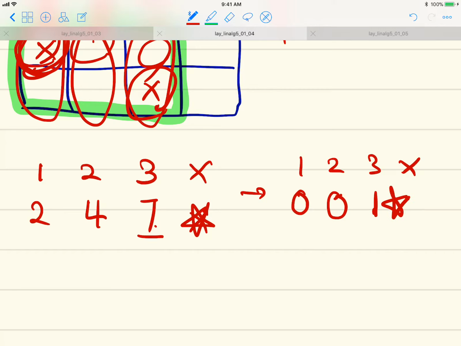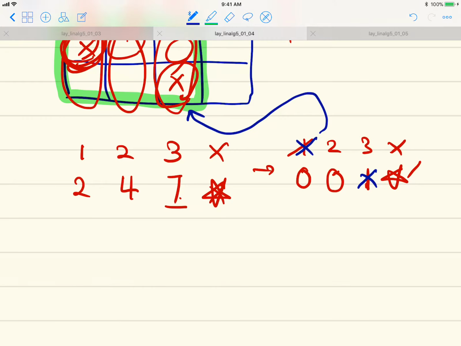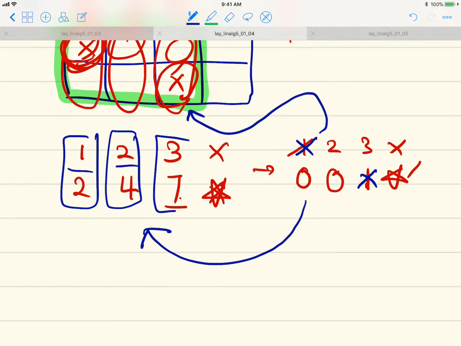And some star prime, which is our new constant, which we do not care about. In this case, we have a pivot here and here, which corresponds to this case. Suppose, so let's look at the actual vectors that we have. We have 1, 2, and 2, 4, and 3, 7, okay?